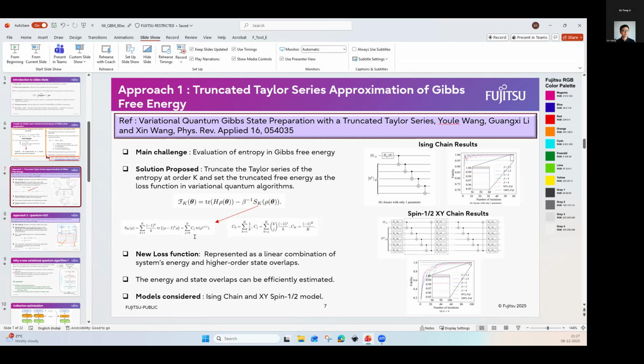One thing I would like to comment is that lots of numerical experiments show that even for small K, the optimal solution is very close to the Gibbs state, even if the loss function is not accurately close to the real free energy. The optimal solutions are very close.